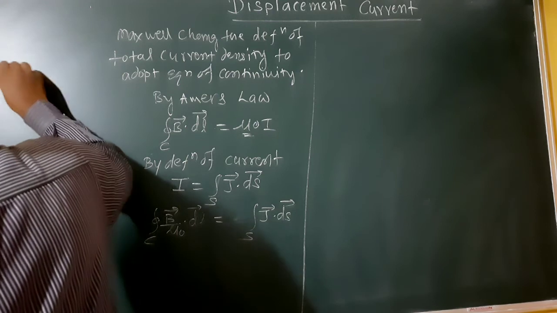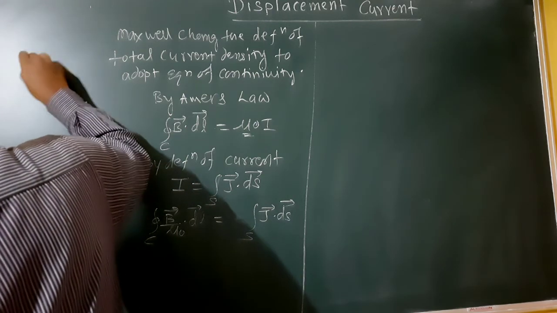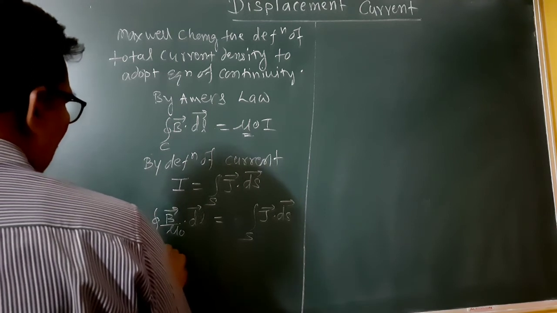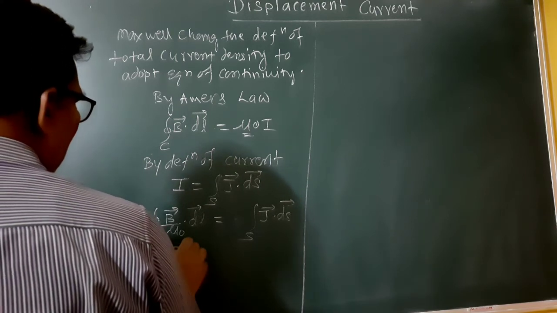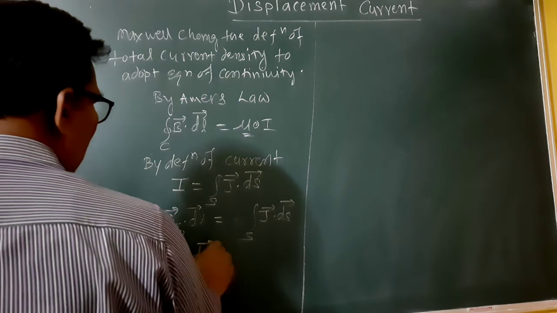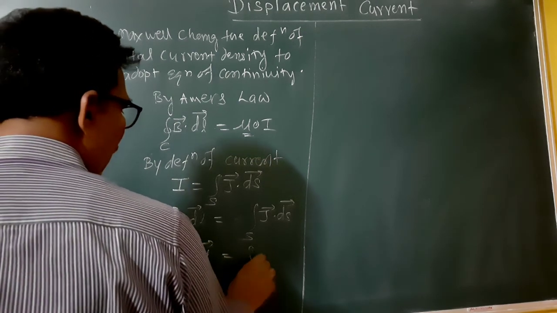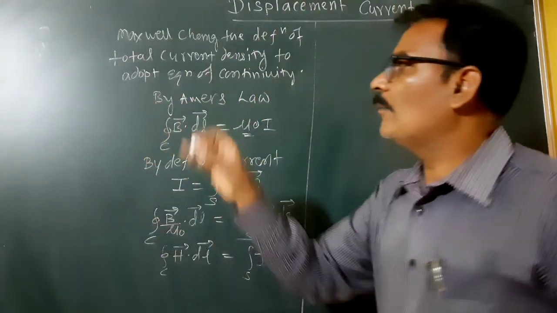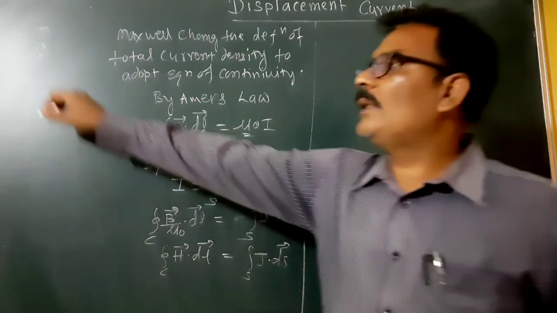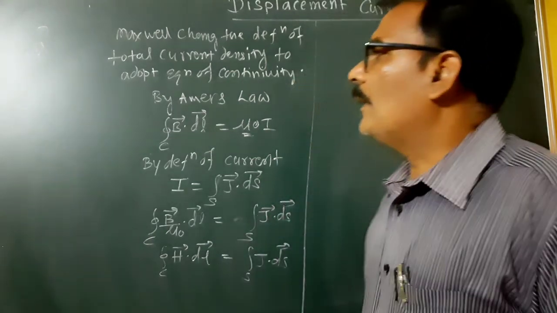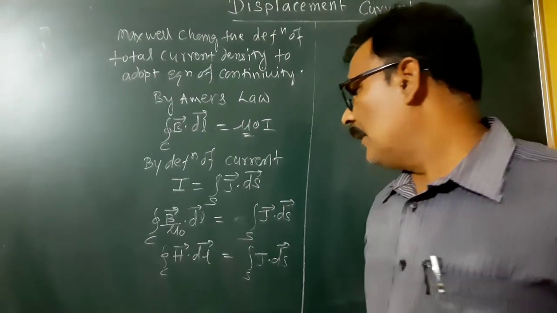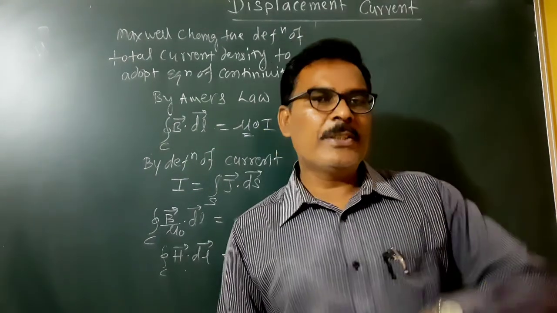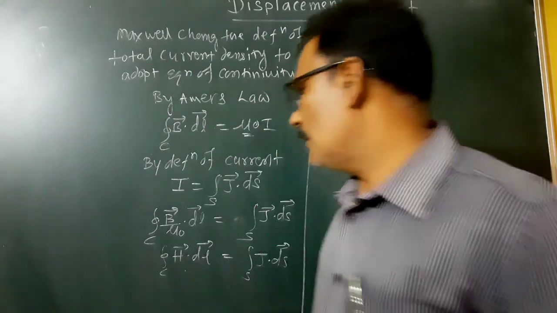We know that B by mu 0 is H bar. This is a very important formula: B by mu 0 is called H bar. So the line integration of H bar dot dl bar is equal to the surface integration of J bar dot ds bar. Now this line integration can be transformed into the surface integration by using Stokes law.